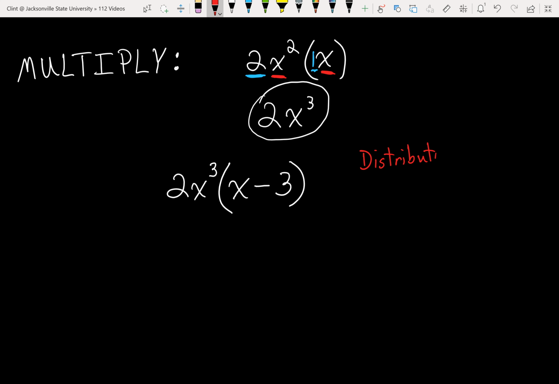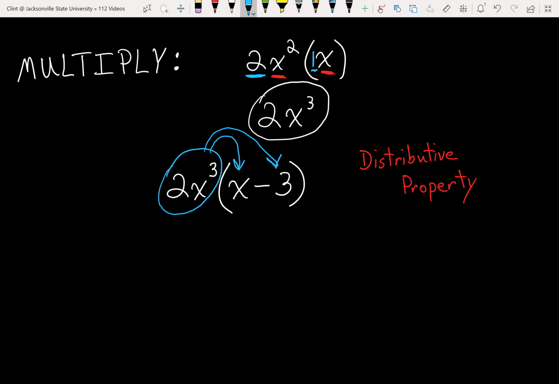And we've kind of already used it when we distributed our negative sign. Here it's a little more explicit. What we're going to do is take the term out front, multiply it by the first term inside our parentheses, then multiply it by the second term in our parentheses.